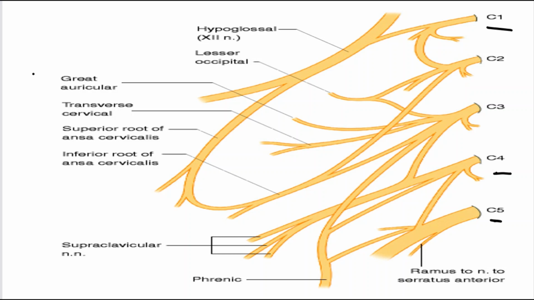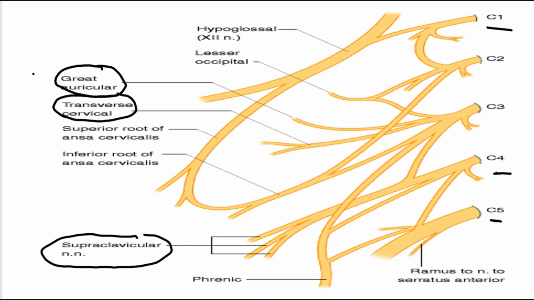It gives these branches: the great auricular nerve, the transverse cervical, and the supraclavicular nerves. Remember, we said that there is the medial, the intermediate, and the lateral supraclavicular nerves, and they're very important. It also gives you the lesser occipital nerve.